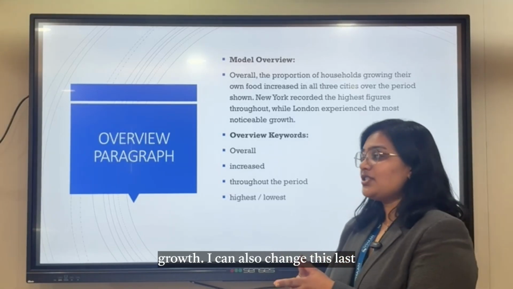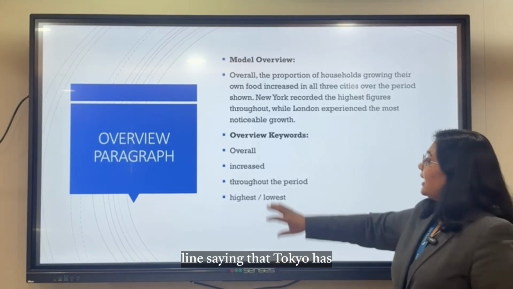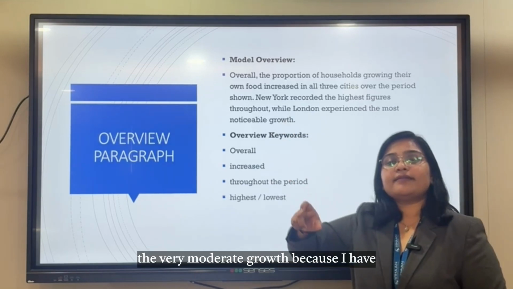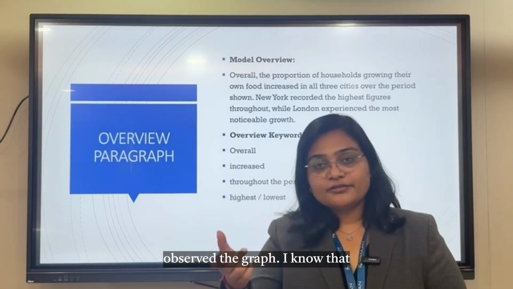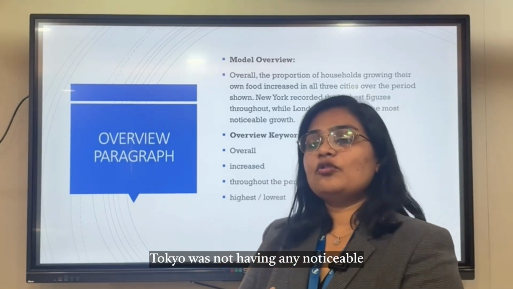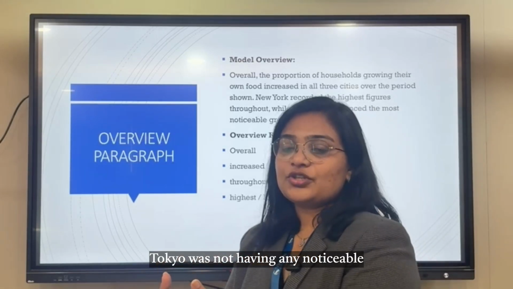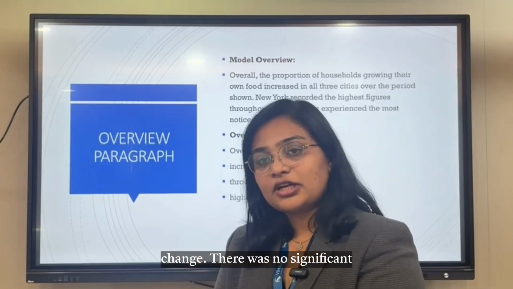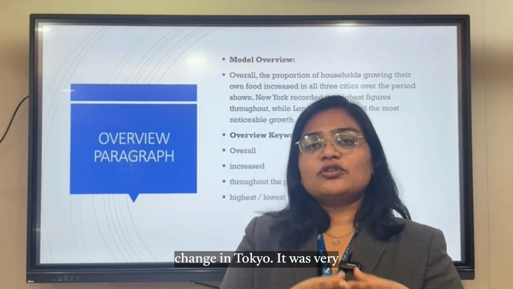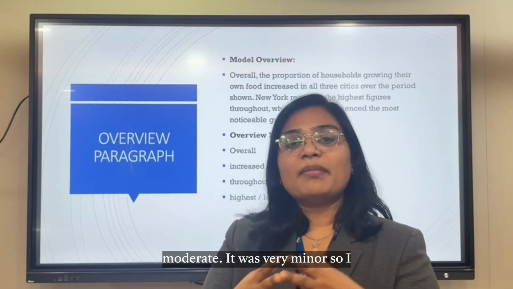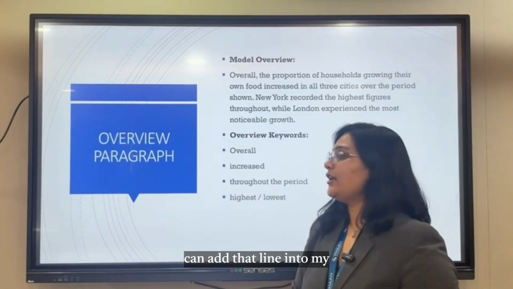I can also change this last line saying that Tokyo has very moderate growth, because I have observed the graph. I know that Tokyo was not having any noticeable change. There was no significant change in Tokyo. It was very moderate, it was very minor. So I can add that line into my overview.